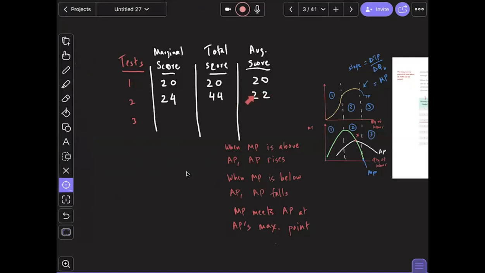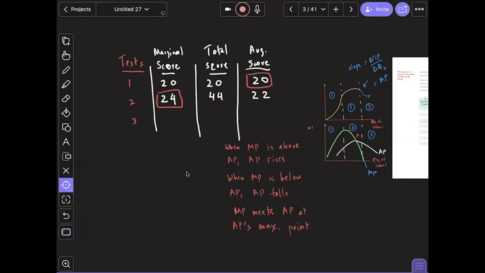The answer is you did better than the average. Your average was 20, you scored 24, so the average went up. Isn't that true? When you do better than the average, the average goes up. Yes or no? If yes, then I'm going to move on.